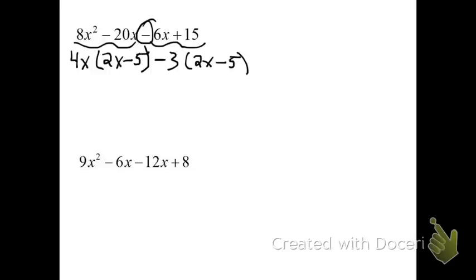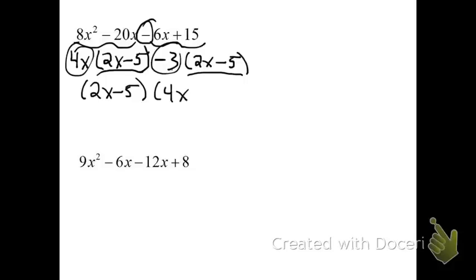Again, if you distribute negative 3 times 2x, you'll get negative 6x, and negative 3 times negative 5 is positive 15. Notice how these two terms are the same. I can pull that out, the 2x minus 5, and that leaves me with a 4x minus a 3. And we are in good shape.